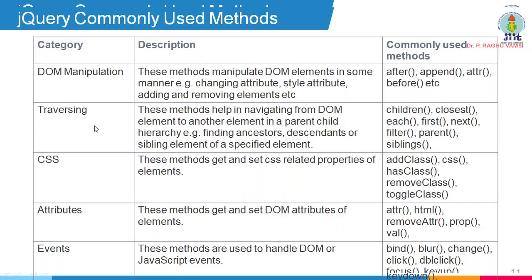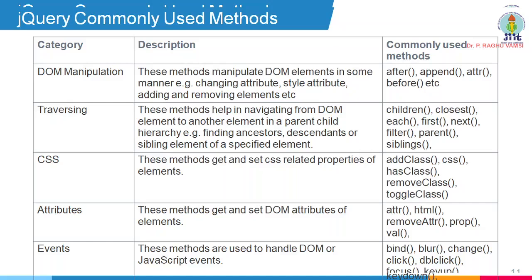Next is traversing the document object model. These methods help in navigating from one document object model element to another in a parent-child hierarchy, for example finding ancestors, descendants, and siblings of an element. Like, what is the child, the parent, or the sibling of the current tag? So we can traverse the DOM tree.